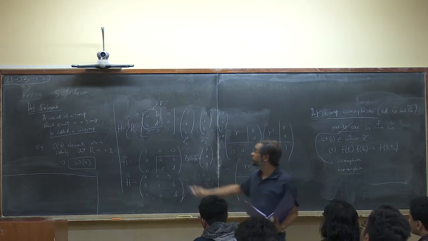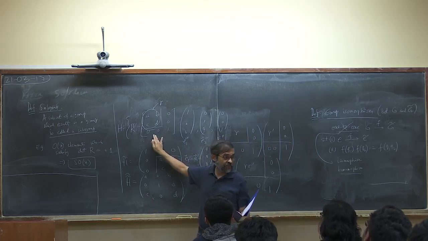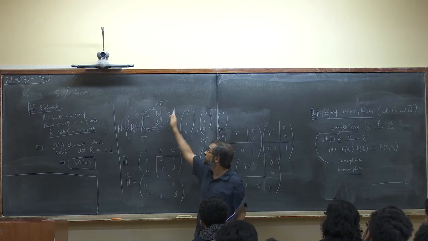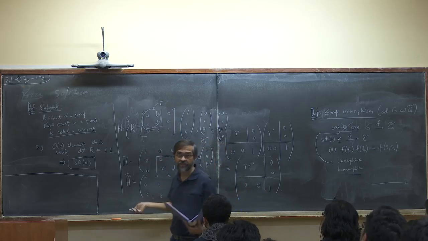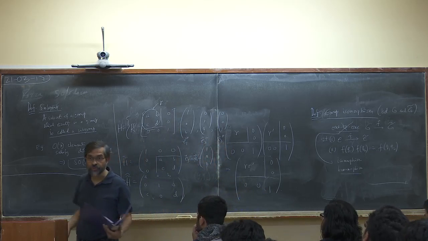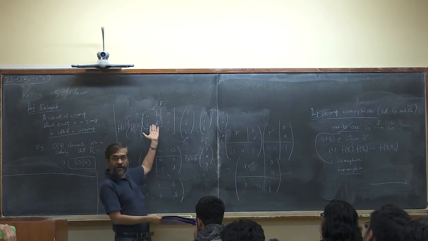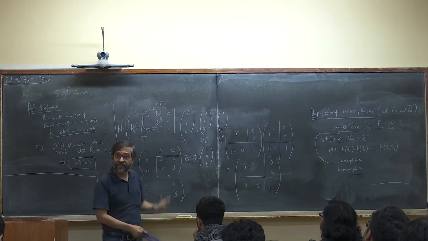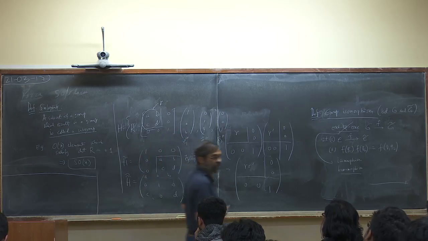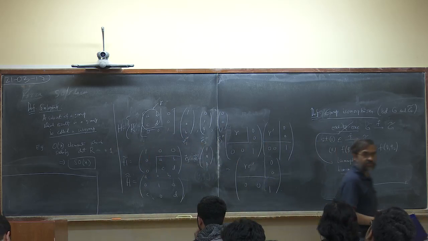These are 3 by 3 matrix representations in which this column and this row are not doing anything, but nevertheless it is a 3 by 3 matrix representation of O2. All the elements here are in one-to-one correspondence with the elements of O2. So you can possibly have a 3 by 3 matrix representation of O2.